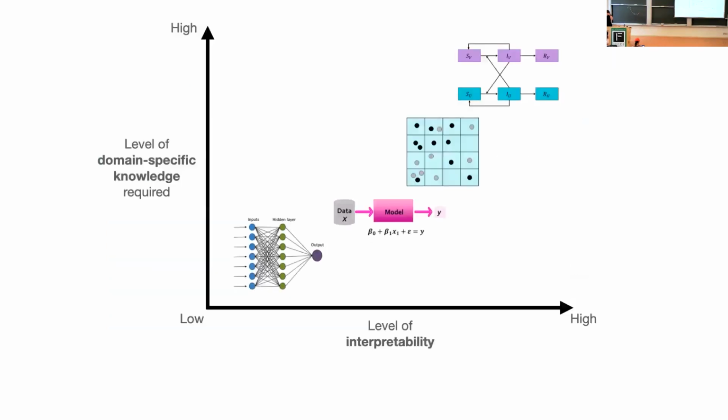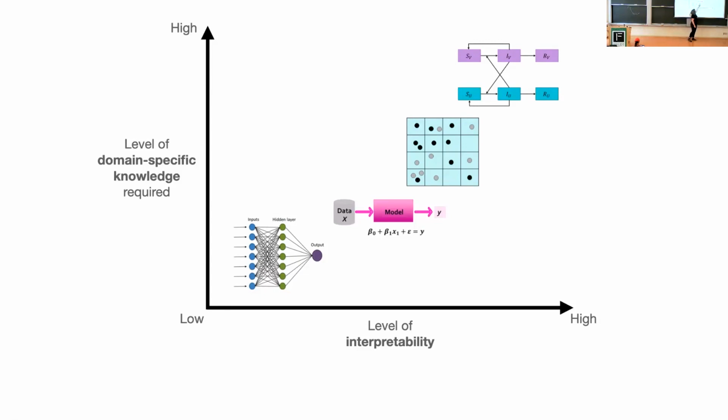There are lots of different ways to classify these types of models, but I like to think about it on two axes: interpretability and the level of domain-specific knowledge required. For example, neural networks are not very interpretable, but you don't need a lot of knowledge to get started with them. In a setting where we don't really understand the system very well, we could usually get pretty far with these things. On the other hand, sometimes we don't understand it well enough and then things go haywire.